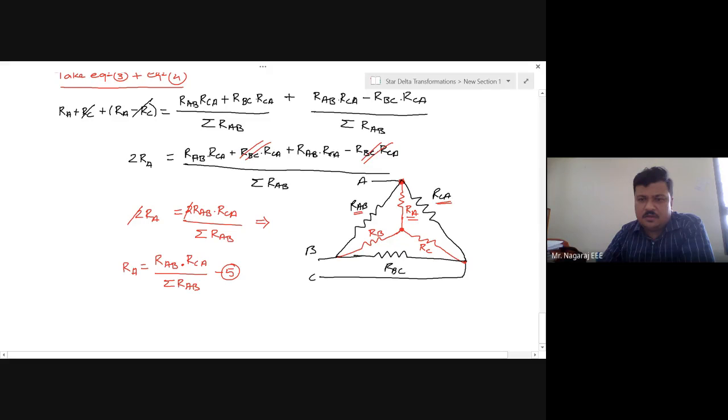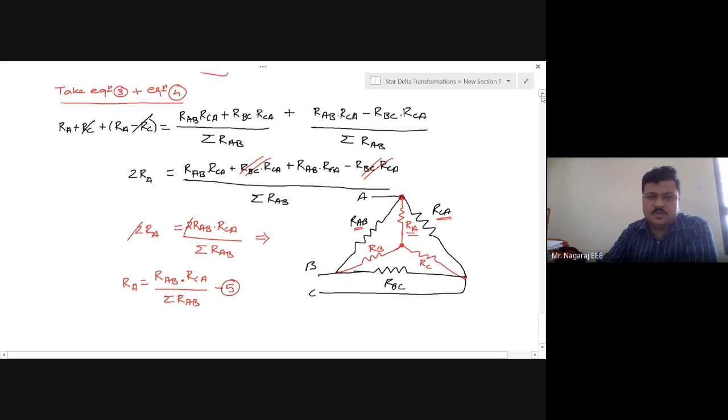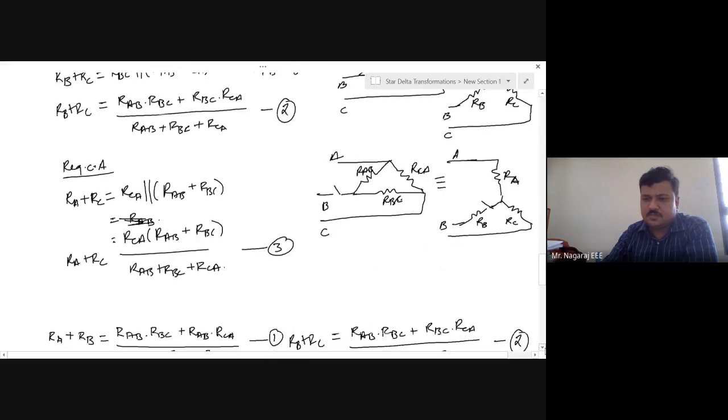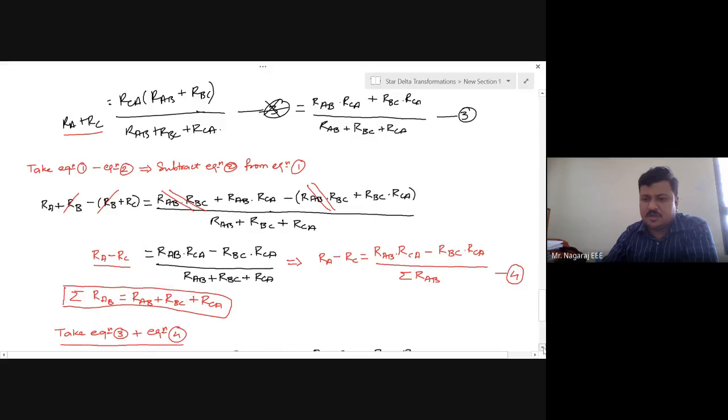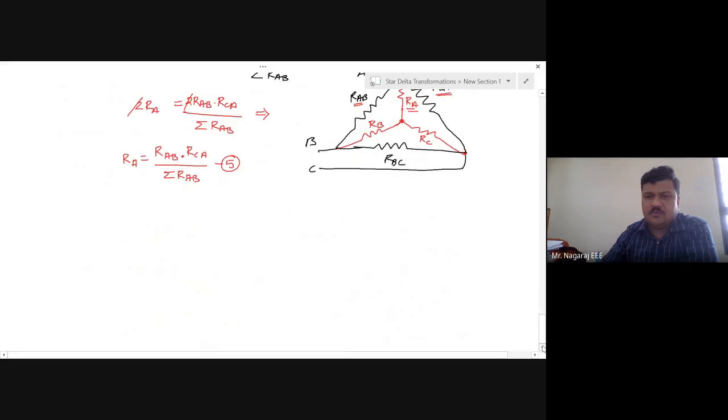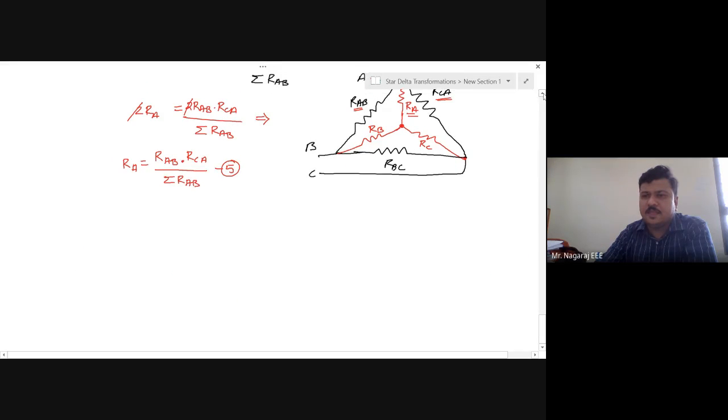The equivalent resistance in star from delta is equal to the product of two resistances connected to a terminal divided by the sum of all the resistances connected in delta. So summation RAB is nothing but RAB plus RBC plus RCA, which is the sum of all the delta connected resistors.